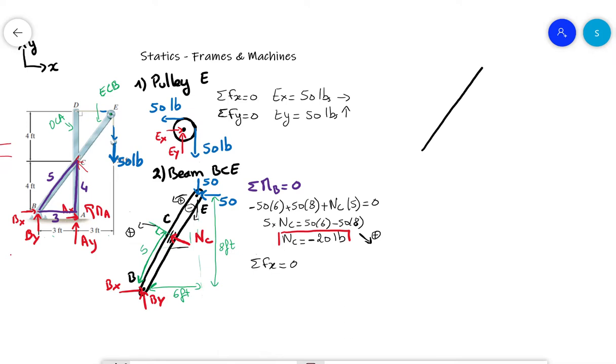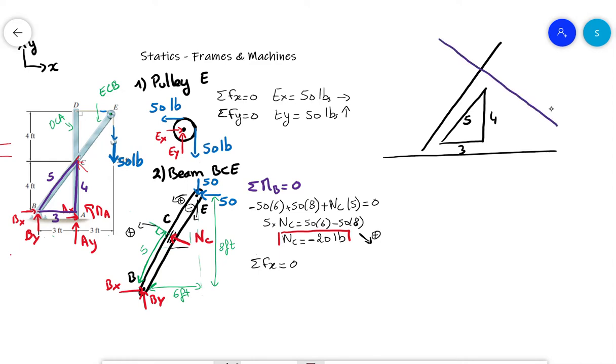This is my 3, 4, 5 triangle, this direction there. And the question is, what is the direction of this line? If we draw the X and Y axes like this, so that's my X and that's my Y axis, what I simply do is I take these triangles and I rotate 90 degrees.